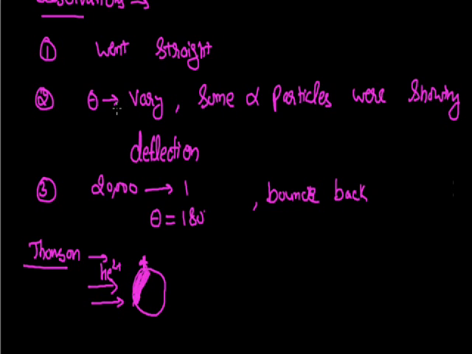Means the deflection angle theta should be the same for each and every case. But in Rutherford's experiment, this theta was going to vary. So the second observation was also not explained by Thomson's atomic model.